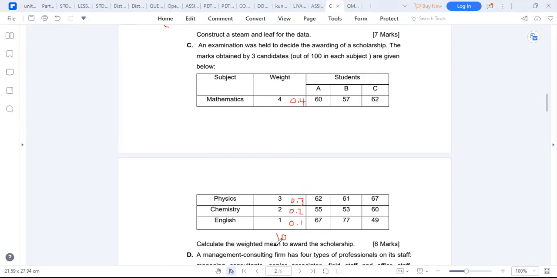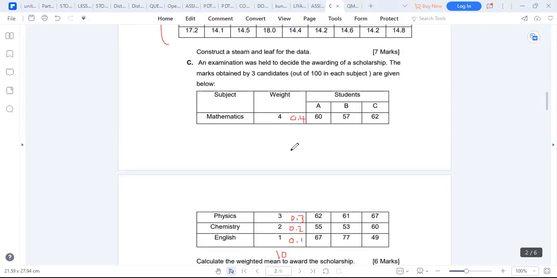We're being asked to calculate the mean award for the scholarship. So we're going to apportion these percentages to each.